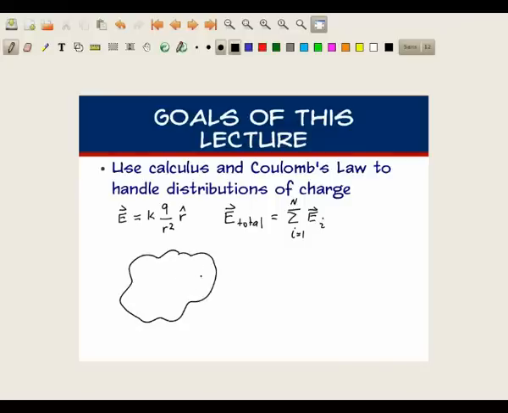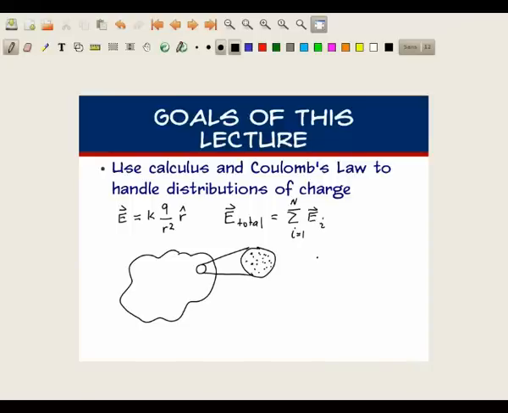Large distributions like this blob here, if we were to zoom in, we would see that in reality, this blob is made from many, many tiny point charges, so close together that you can't tell that they are separated from one another when you are looking at the whole macroscopic object. Since large objects are made fundamentally from point charges, we might imagine that if we found some way to sum up their electric fields, we would be able to get the electric field from the total.